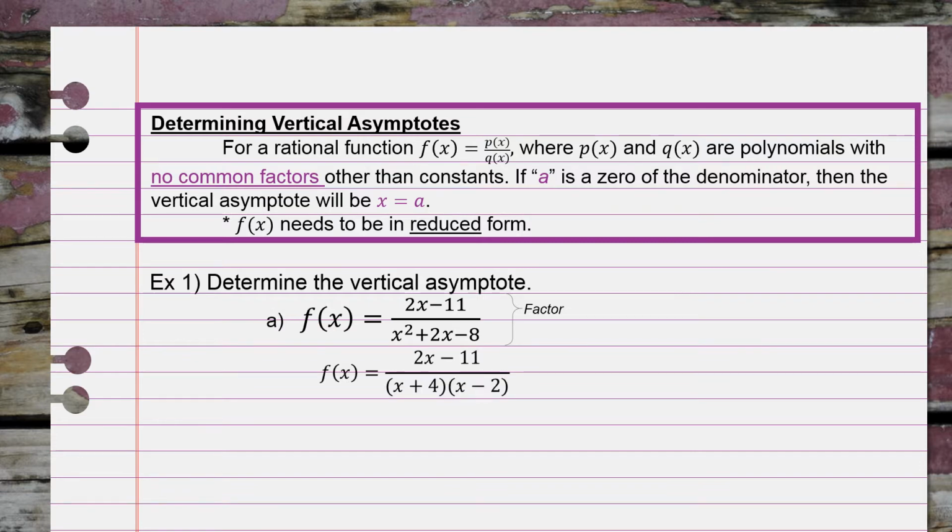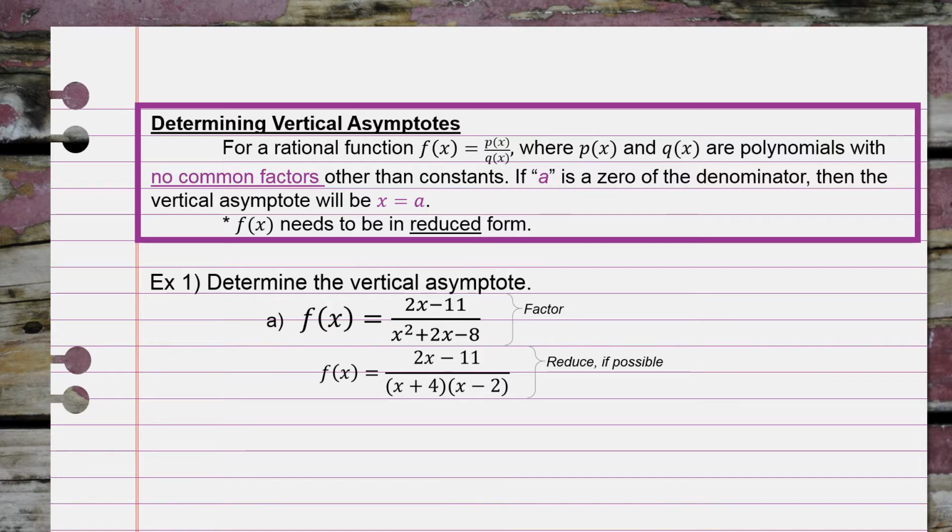The denominator does factor into x plus 4 and x minus 2. So now that both the numerator and denominator are in factored form, we look to see if it has any common factors. If possible, we reduce. But in this case, there are no common factors, so we continue on with the definition. It says if a is a zero of the denominator, then the vertical asymptote will be of the form x equals a.